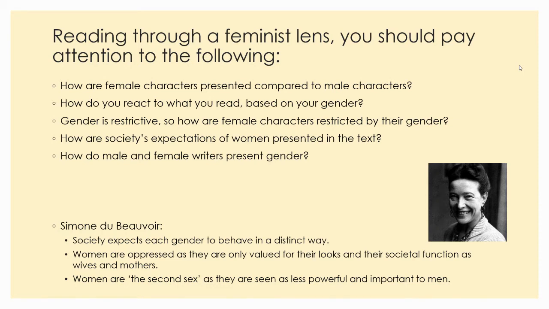Women are oppressed, pushed down, as they are only valued for their looks and their societal function as wives and mothers. Women are the second sex, a term coined by Beauvoir, as they are seen as less powerful and important to men. And these are ideas that we can start thinking about when we start next session reading The Yellow Wallpaper. Excuse me.